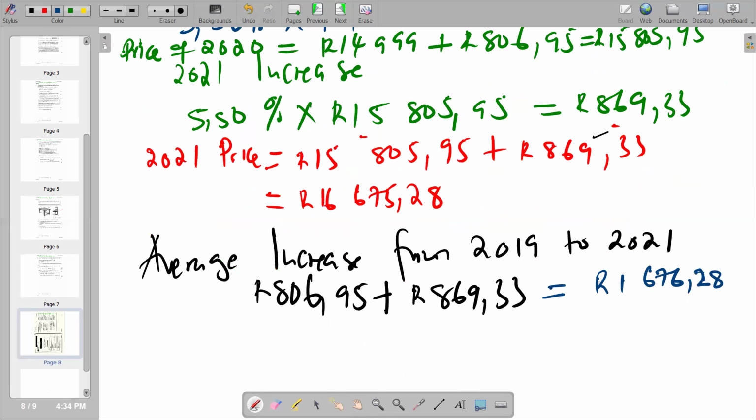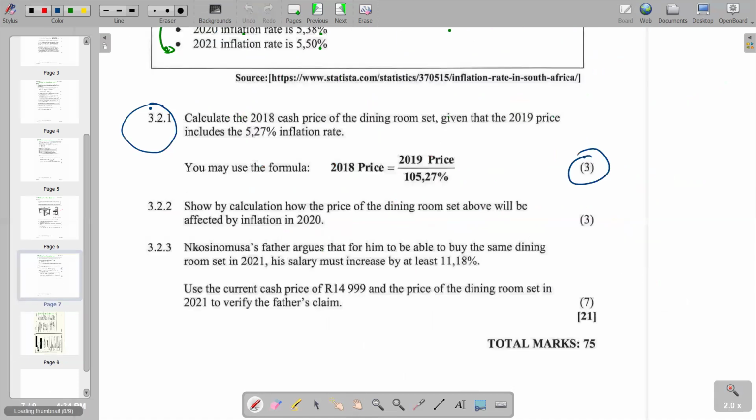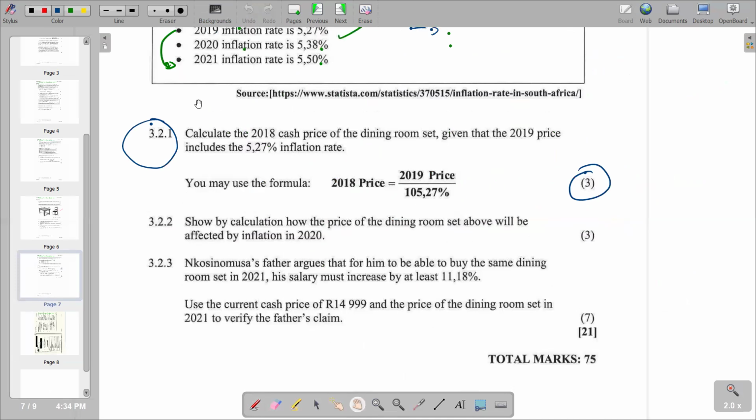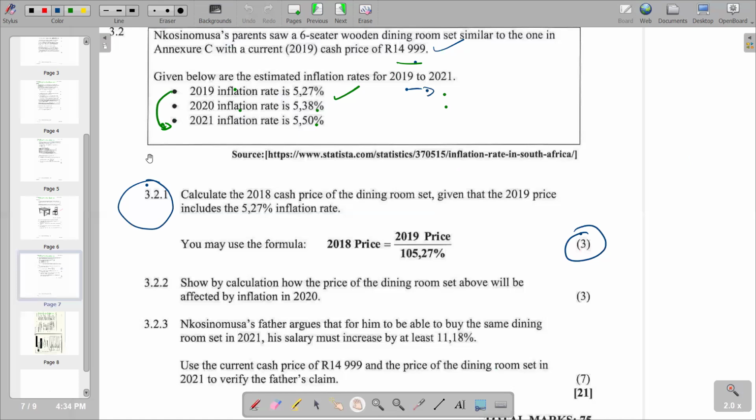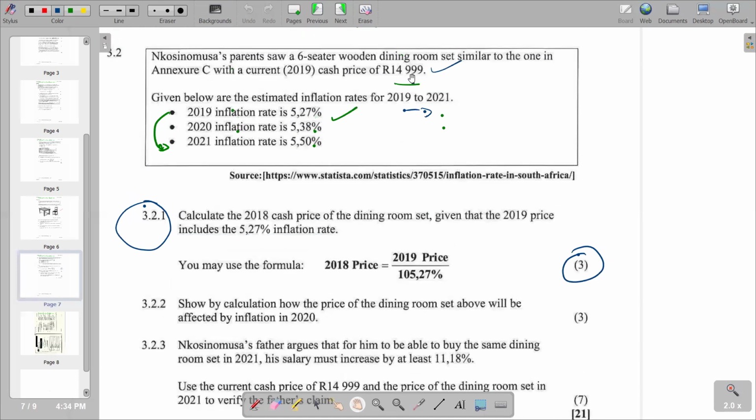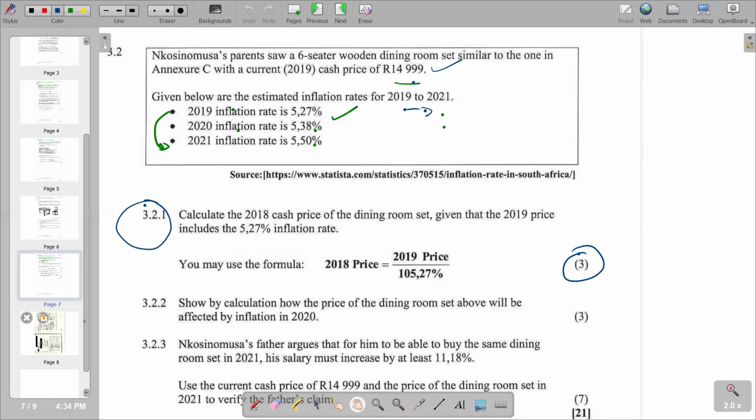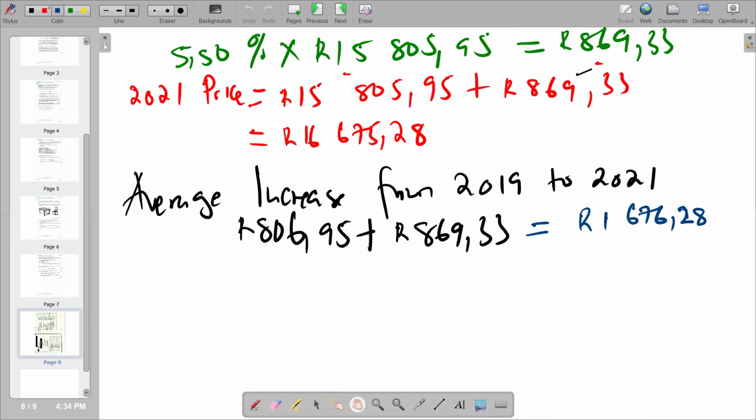So remember, the analysis that we have is from 2019 to 2021. So obviously, the starting point is 2019. So the price of 2019 is going to be the denominator. Then the average increase will be the numerator. So on our representation, 1,676 rands 28 cents is the numerator, divided by the original position, which was 14,999.